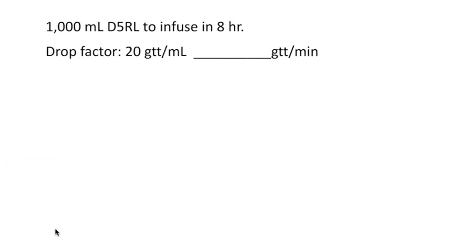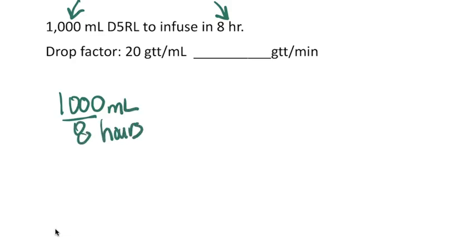Drop factor 20, so my drops per minute. I have 1,000 milliliters to infuse in 8 hours. So 1,000 milliliters divided by 8 hours. Let's do it. 1,000 divided by 8 hours equals 125 mils per hour.